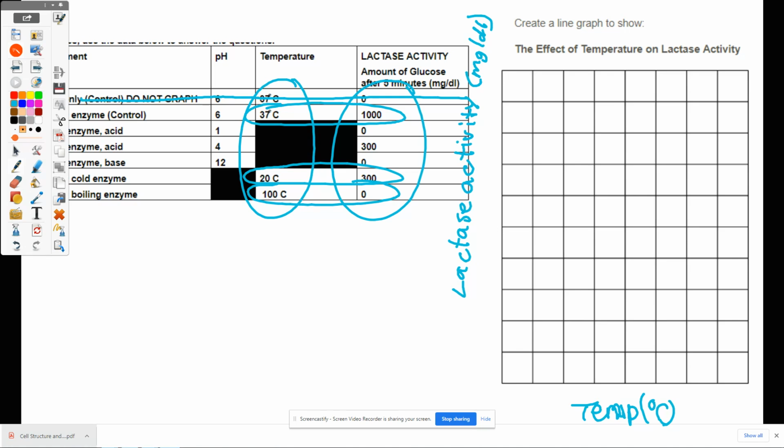So if we start with this being 0 and we count by 20s, by 20 degrees at a time, we should be able to fit the scale pretty well. And then for our lactase activity, once again, I'm going to do every other line, marking it by 200s.